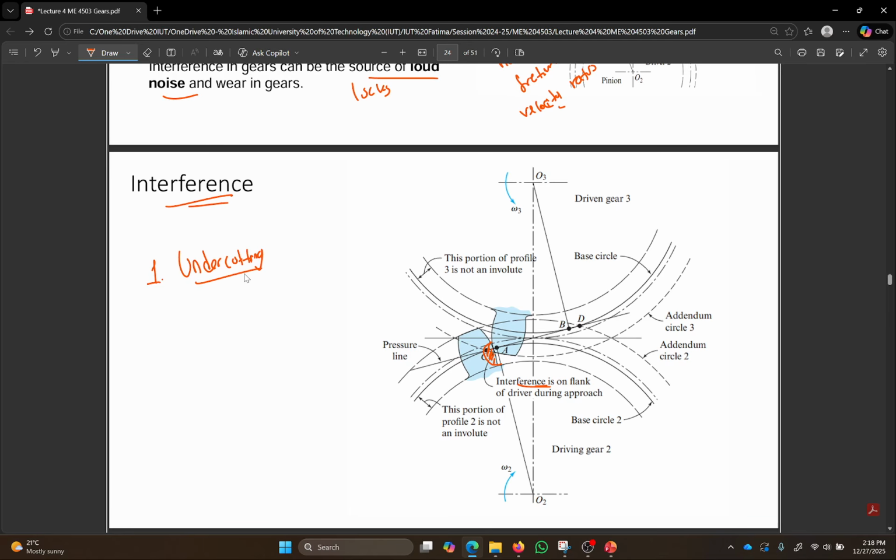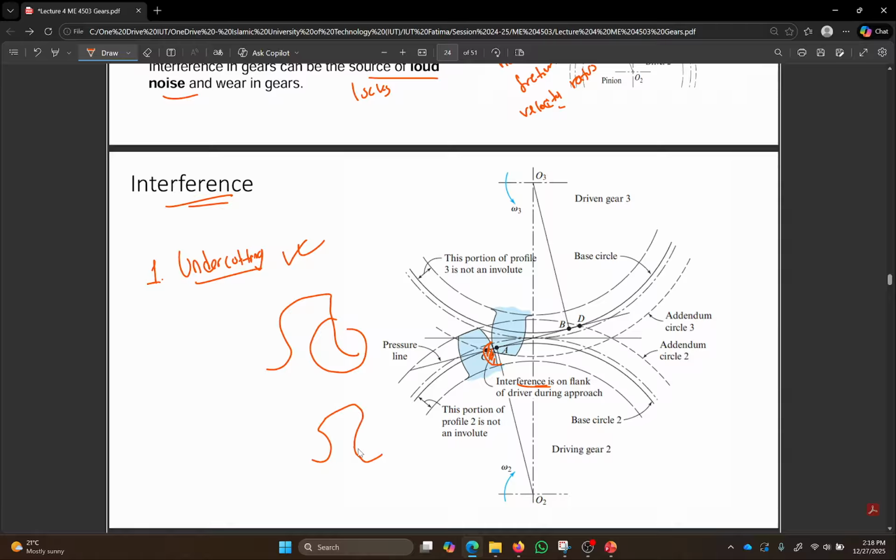So undercutting is basically removing material, solving a problem by destructuring your gear. Okay, it's an easy solve, and the solution actually works, reducing the main problems it causes, noise and wear and tear. However, look, this is your teeth. If you cut away this portion, your teeth now looks like this.